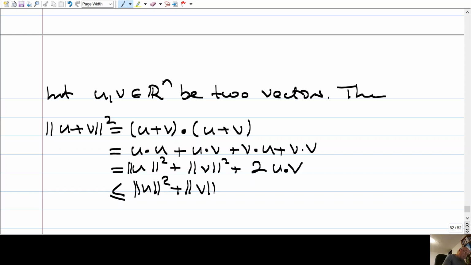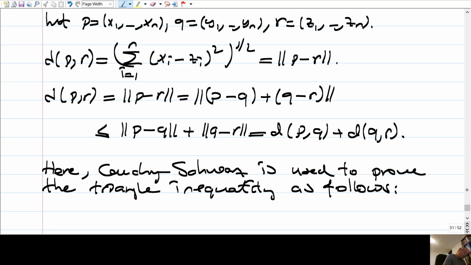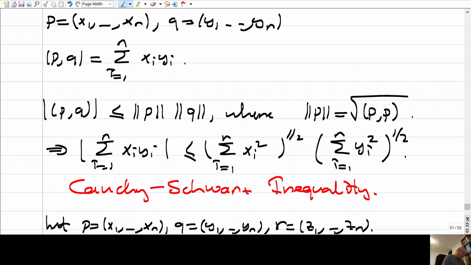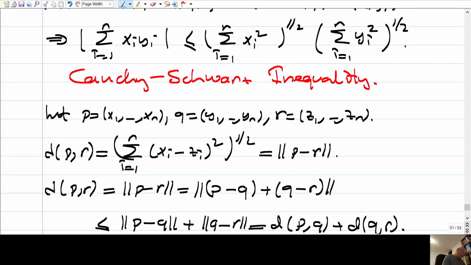The inner product of u and v, the absolute value of this, is less than the norm of u times the norm of v, right? This is exactly the Cauchy-Schwarz. The inner product of two vectors in absolute value is less than the product of the norms of these vectors. So we use that one here.